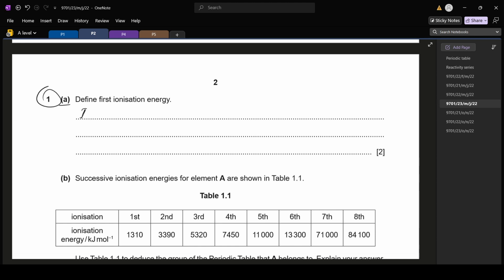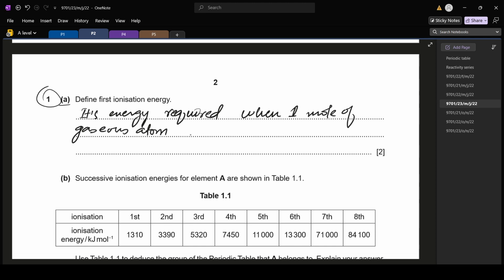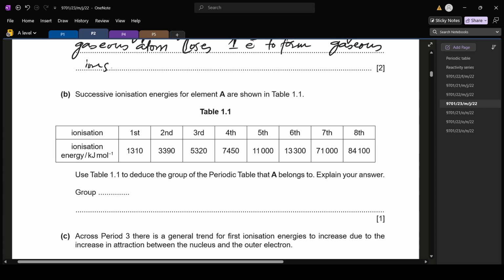So it's the energy required when 1 mole of gaseous atom loses 1 electron to form gaseous ions. Okay, so this is the first ionization energy.